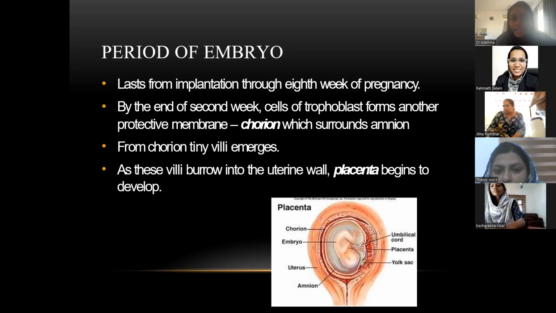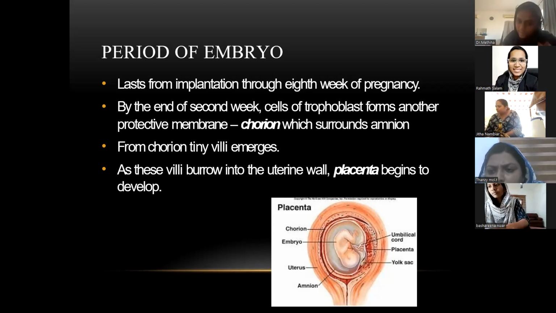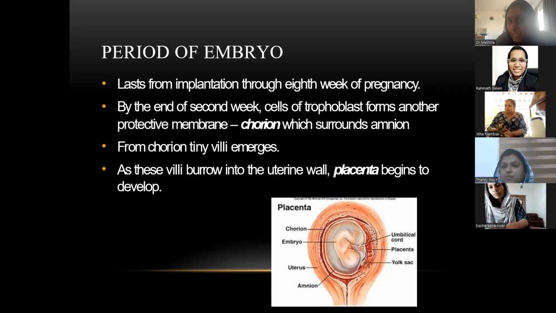And by the end of the 2nd week, we are moving back a little, and they are just explaining. From the end of the 2nd week, this trophoblast forms another protective membrane. I told you that trophoblast will move on to other structures.